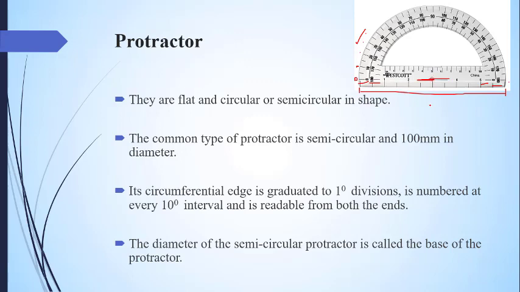For example, this is a line, and here is an inclined line, and we want to measure the angle of this line. For this purpose, the protractor should be kept here. That is, the point given on the protractor must lie on this space. However, if we move up and down, the real angle would not be measured easily.